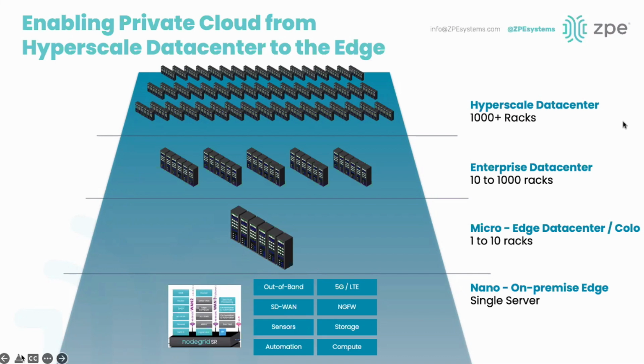So what all of these data centers have in common is they have overall the same requirements. You need to manage your compute, your connectivity, your network, you have to manage the security, but you have to do all the operational technology stuff as well: power, cooling, sensors, physical security. All of these challenges are pretty much the same.